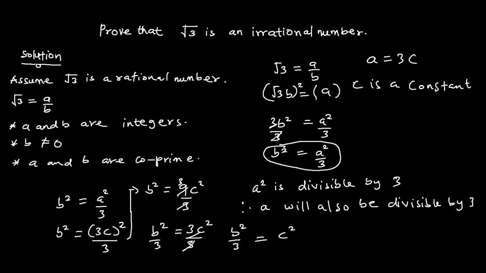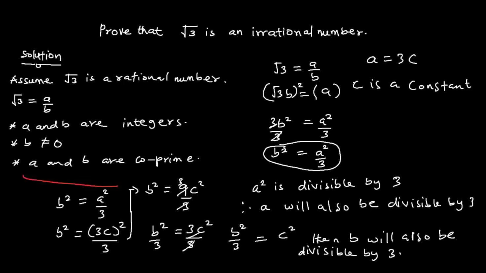And if b squared is divisible by 3, then b will also be divisible by 3. Okay, so now you see that a is divisible by 3 and b is also divisible by 3.